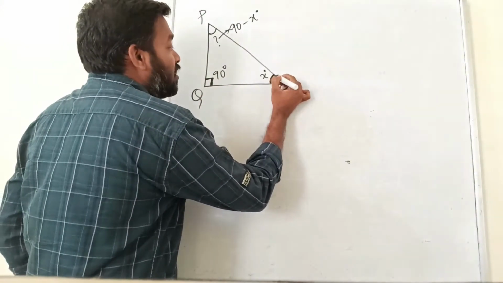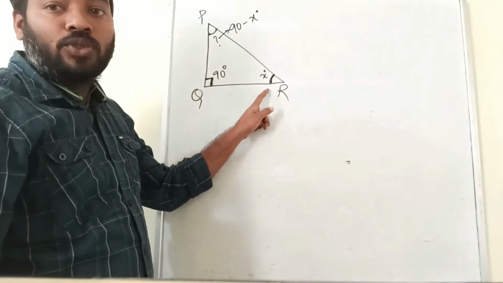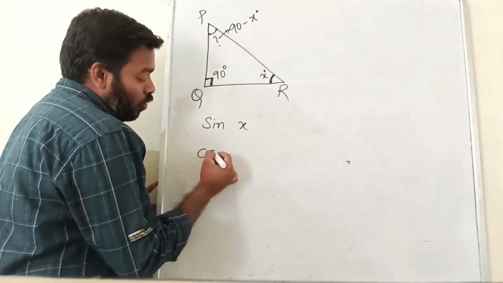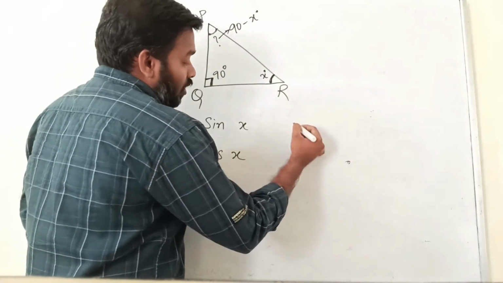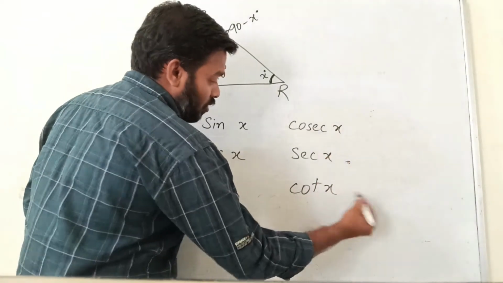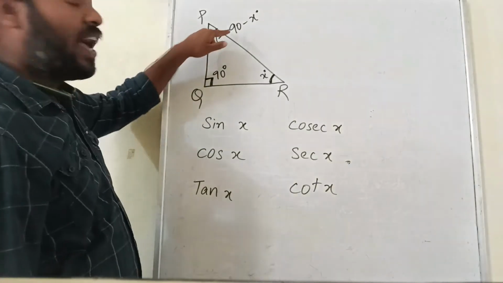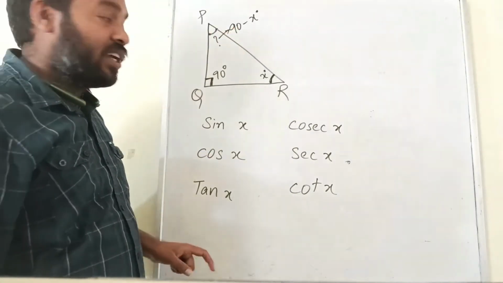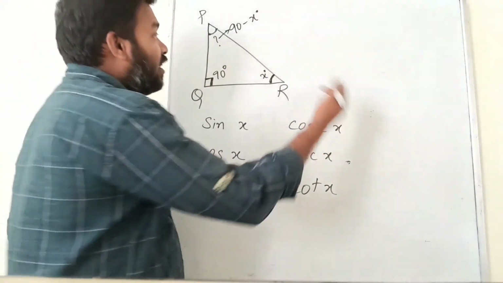That is X and 90 minus X. That means we need to find out trigonometric ratios for angle X: sin X, cos X, tan X, and cosecant X, secant X, cot X. Also, for 90 minus X, we have to find out the same trigonometric ratios, and we need to see the relationship between these trigonometric ratios and the other trigonometric ratios.